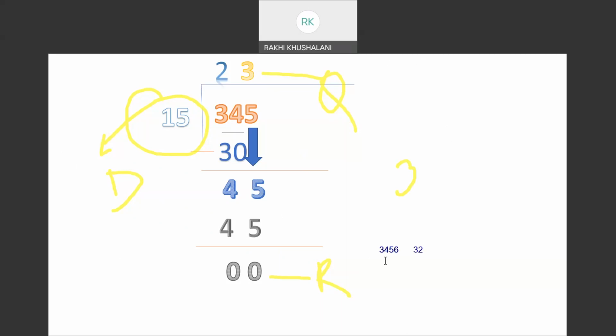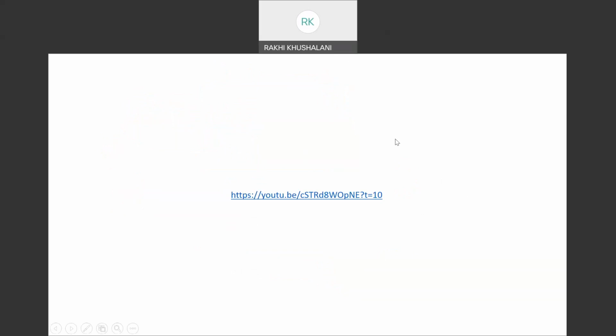The dividend is 3456 and the divisor is 32. Now I don't know the table of 32. Okay, I can find out the table of 32 by repeated addition, but I don't know it so well verbally. So how do we do the division in such case? That's not at all a problem. We will learn it and we will learn it soon.